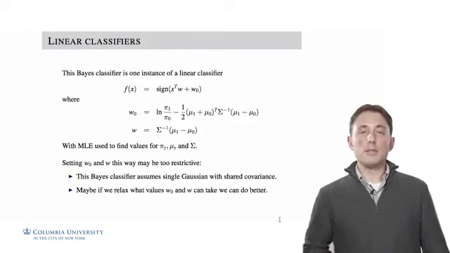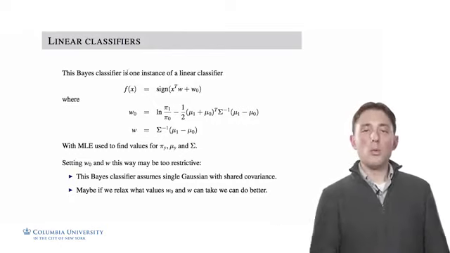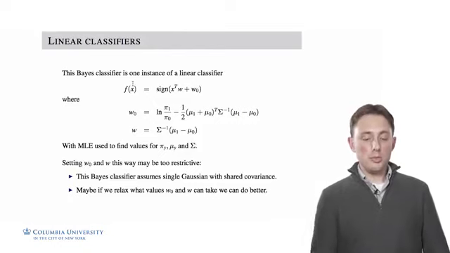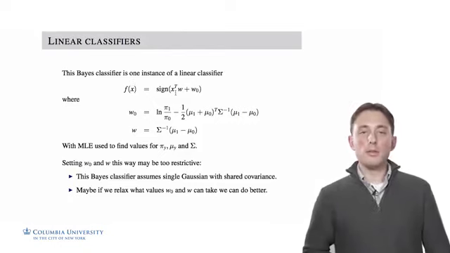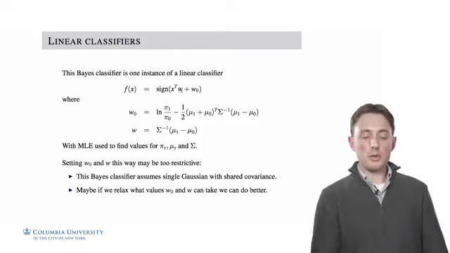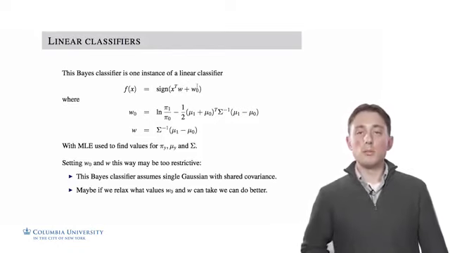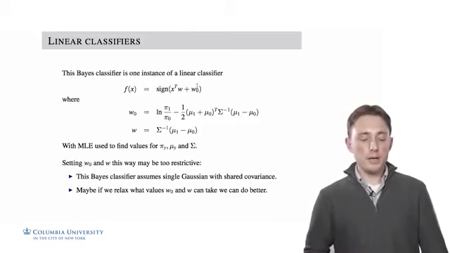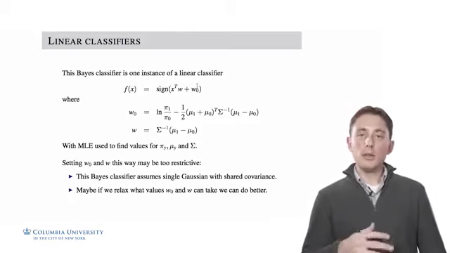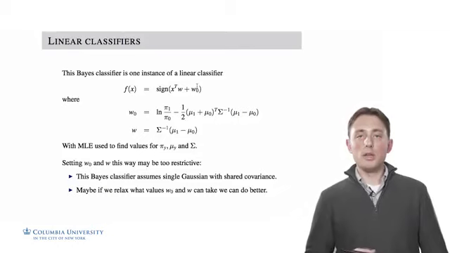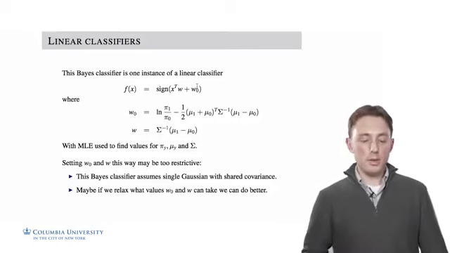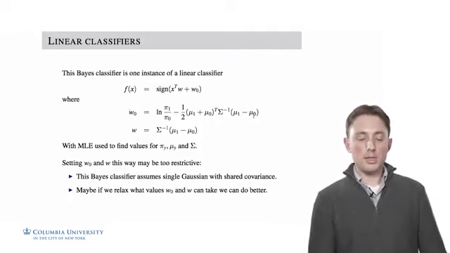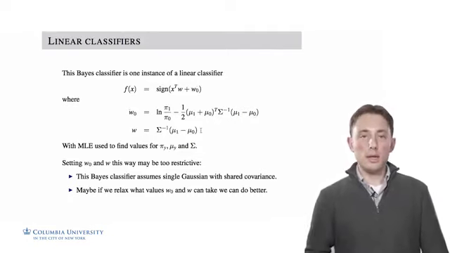A linear classifier is simply one of this form, where we declare the class label of x to be the sign of the function x transpose w plus some constant w naught. So this would be a binary linear classifier. And the Bayes classifier with the shared covariance that we've been discussing is one specific example where w naught is equal to this and w is equal to that.